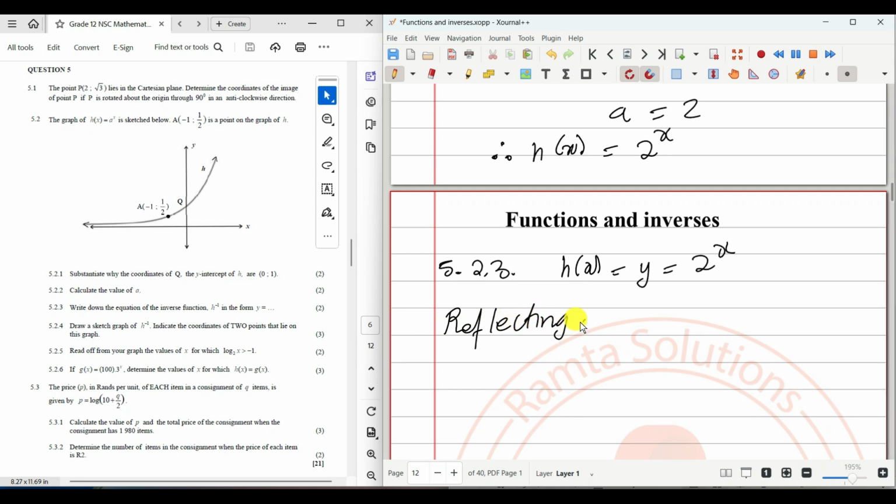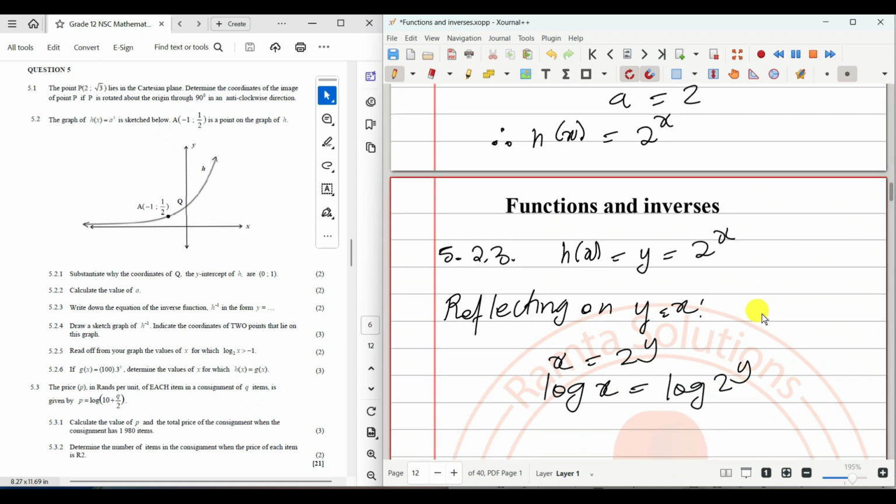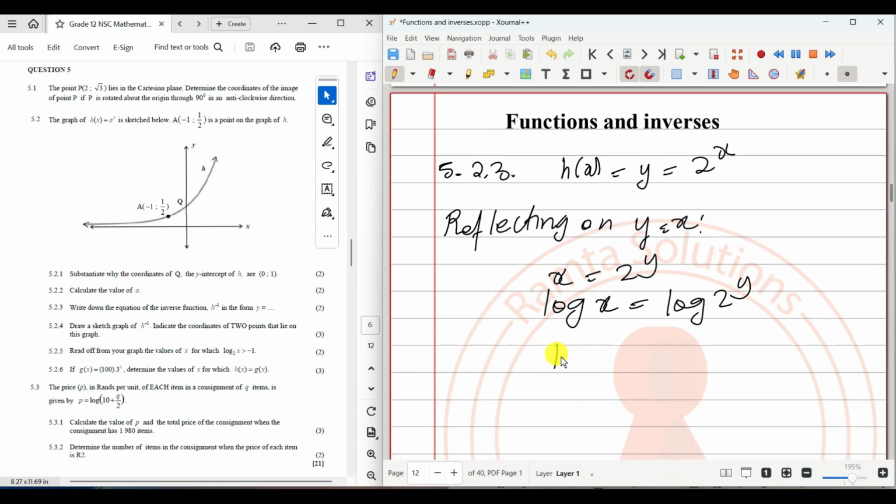So reflecting on y equals x, I like writing this. So x equals 2 to the y. Logging both sides, you get log x equals log 2 to the y. Just taking it step by step, this will be log x equals y log 2.